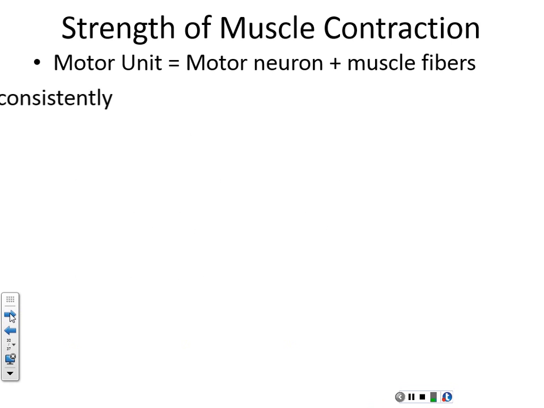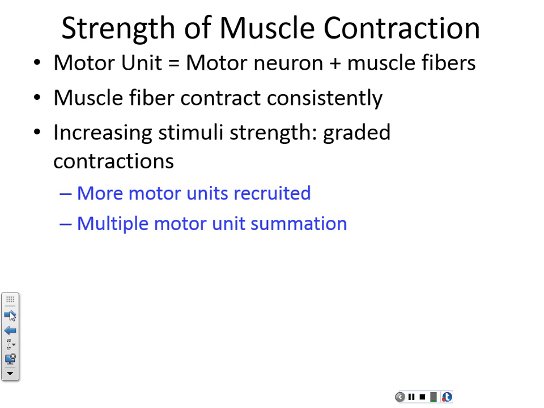A motor unit is simply the neuron and the muscle fibers that it controls. Remember, one neuron will branch profusely so it can control up to 2,000 to 10,000 muscle cells. So that unit of muscle fibers controlled by one motor neuron is a motor unit.